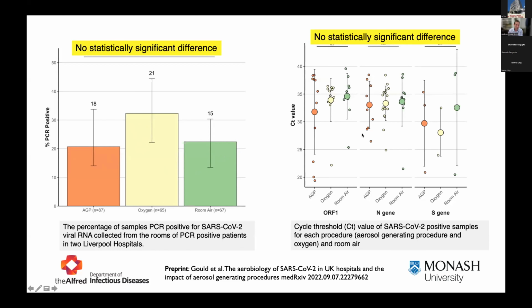Then the table on the right builds on this by looking at cycle threshold values of the positive PCR. So amongst those samples that were positive, what was the cycle threshold value? We've got the 3 gene targets here. And within each gene target, there's aerosol generating procedures, oxygen, and room air. Again, no statistically significant difference within each gene between the 3 groups of patients.